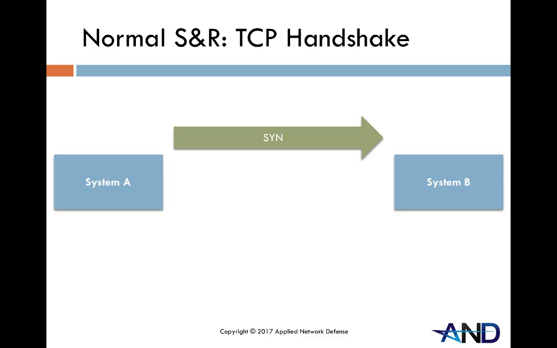Now, when System B receives this packet, if it's listening on the port that's being communicated on, it's going to respond back with a packet whose SYN and ACK flags are set. In this case, it's sending the ACK because it's going to acknowledge the initial SYN that was sent. It's going to increment the sequence number it got by 1, send that back, so System A will know what the next sequence number needs to be.